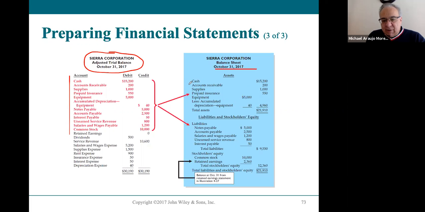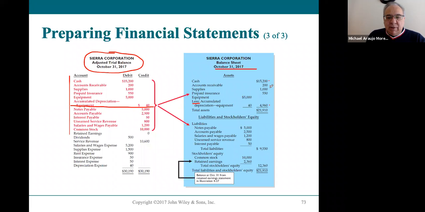Your current assets are listed first, and then in this case, your property, plant, and equipment. There's not a lot of assets here. Remember, the accumulated depreciation account is an asset account with an opposite balance. So it's called a contra asset. That's why we subtract it out of the equipment account to get the book value of the equipment.